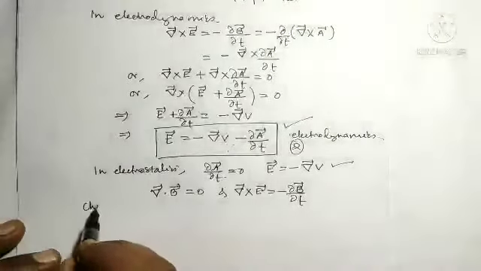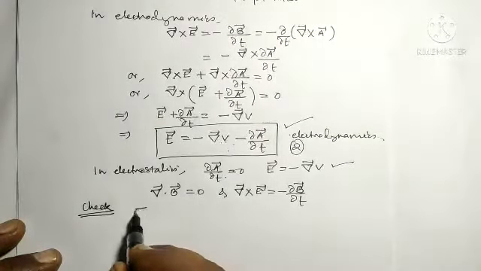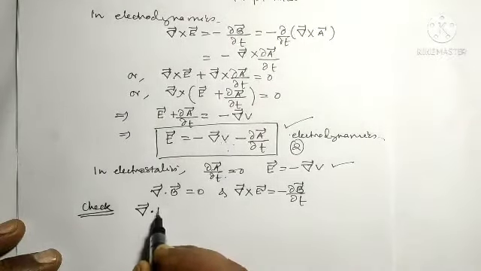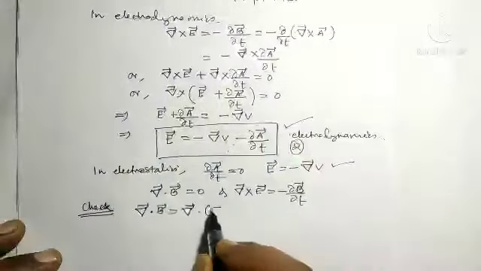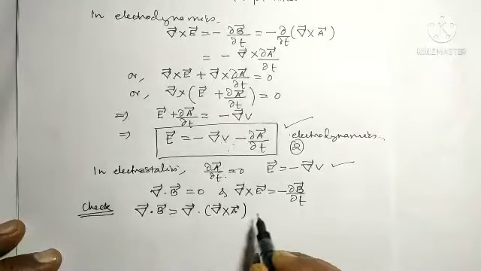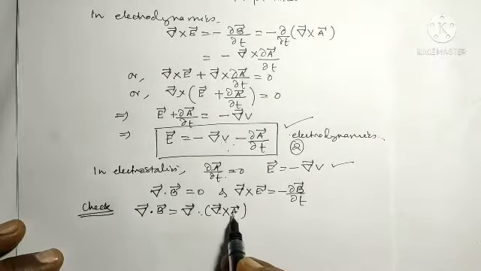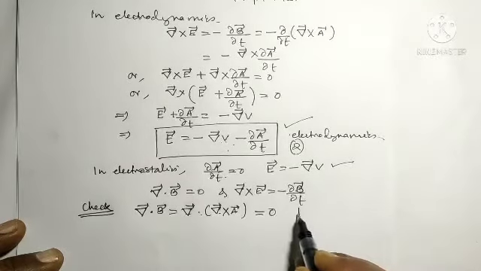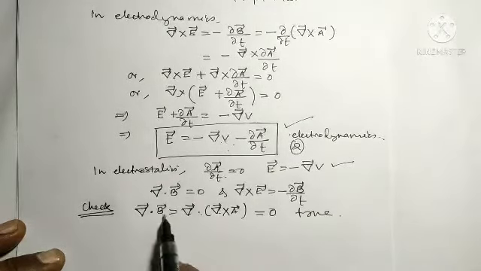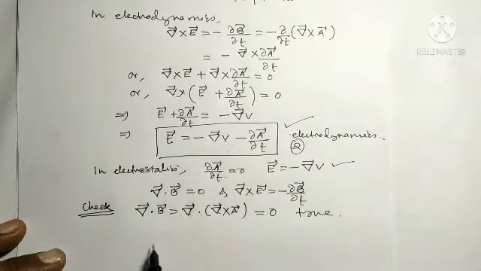Let us check it. Div of B, B is del cross A. So the divergence of curl A is equal to 0. So this is true. B equal to del cross A fulfills one of Maxwell's equations.